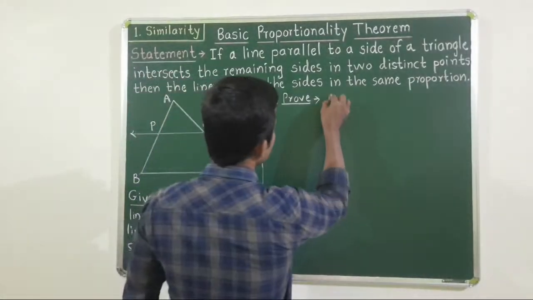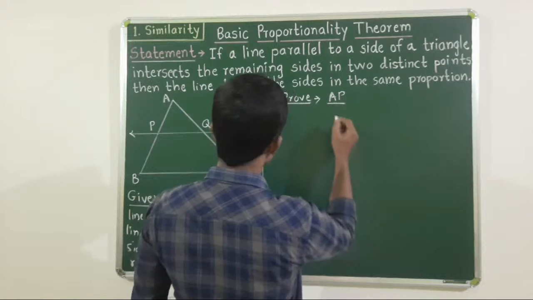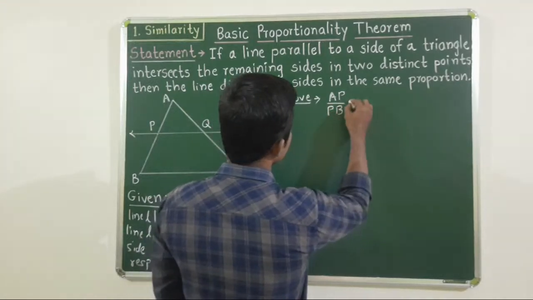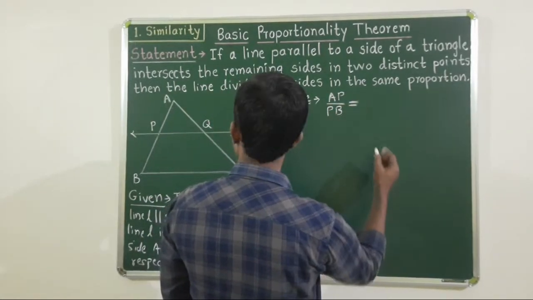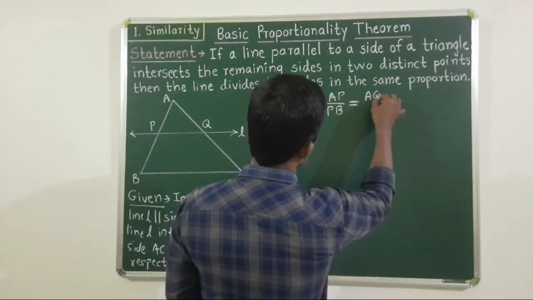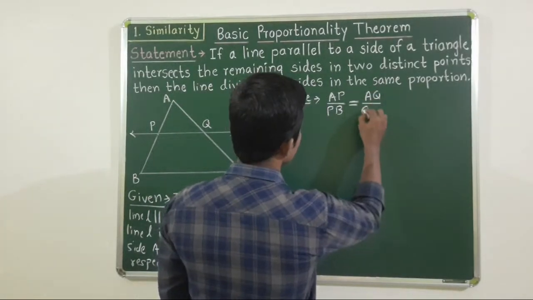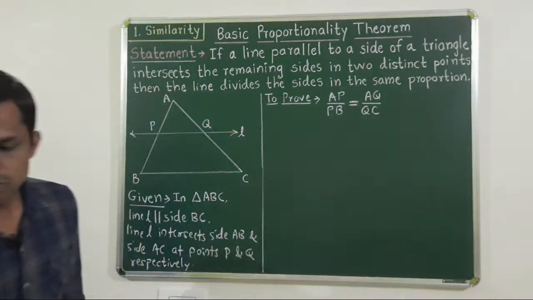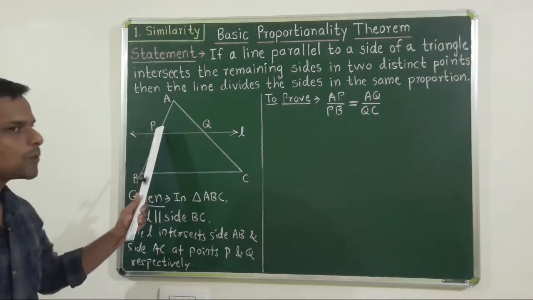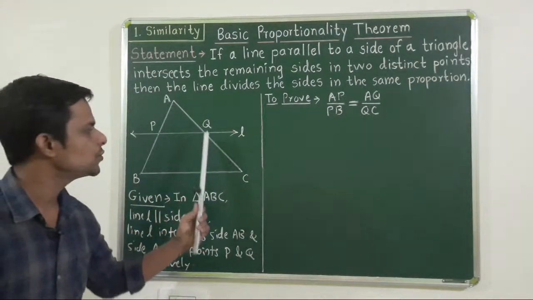This is how to prove. See once again, AP upon PB is equal to AQ upon QC.